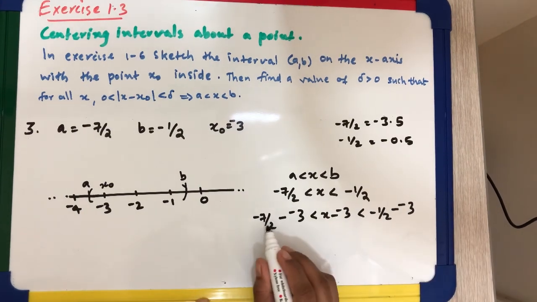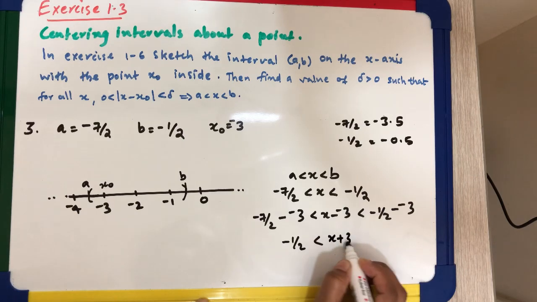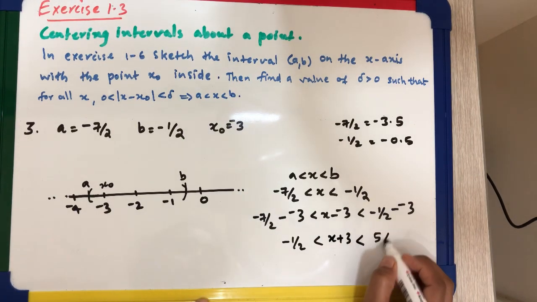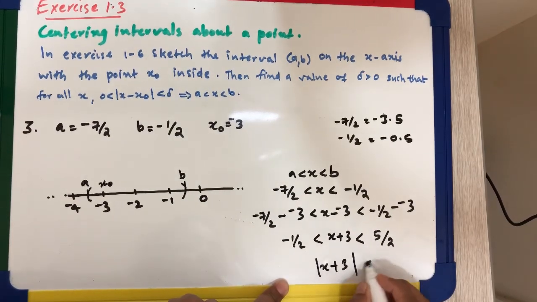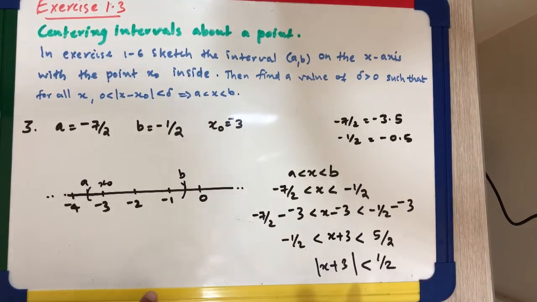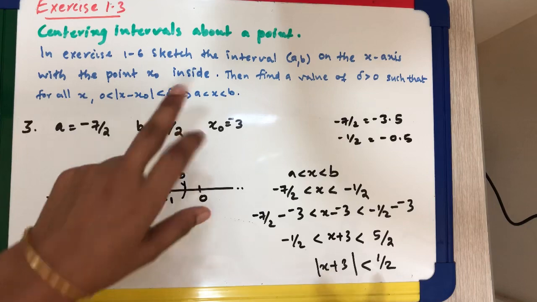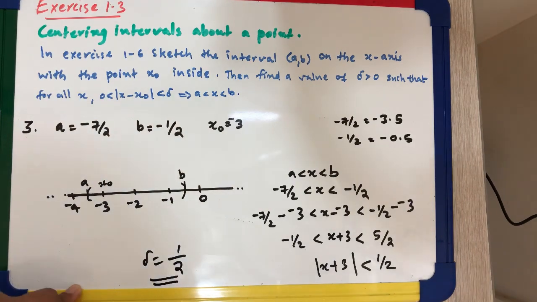This is minus 1 by 2 less than x plus 3 less than 5 by 2, which implies mod x plus 3 is less than 1 by 2. So we get a positive delta satisfying the above condition. Take delta equal to 1 by 2. Then the condition will hold.